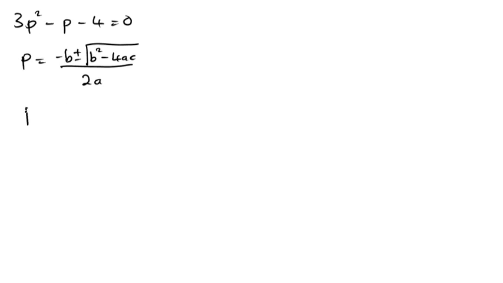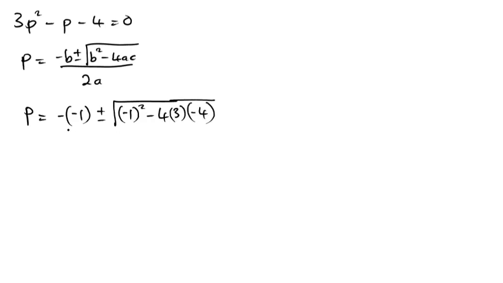So let's substitute. Our b is negative 1, so negative b is 1. Plus or minus the square root of negative 1 squared minus 4. Our a is 3 and our c is negative 4. All this is over 2a, that is 2 times 3.